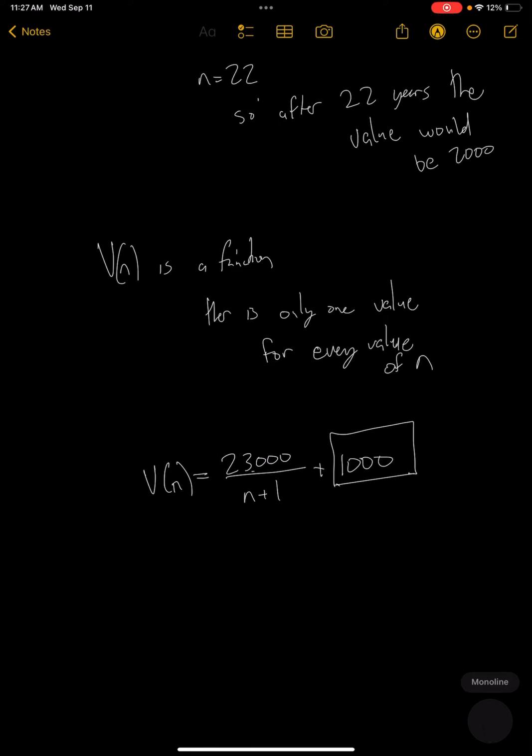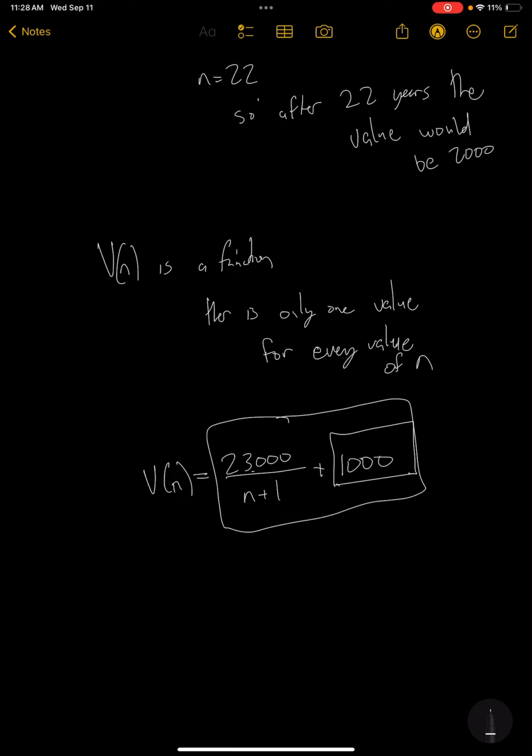No matter what, if n goes up, this whole thing is going to go down, and when n changes, the whole value changes. I'm not going to get the same value depending on what n is. N will only output one value, and that's why it's a function.